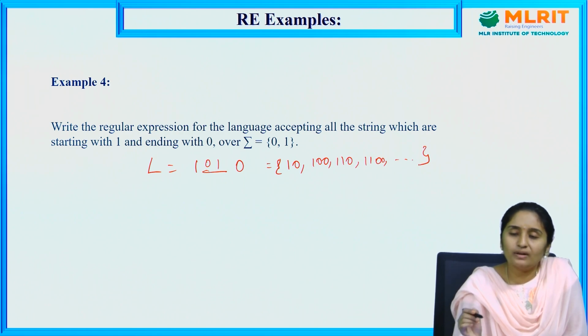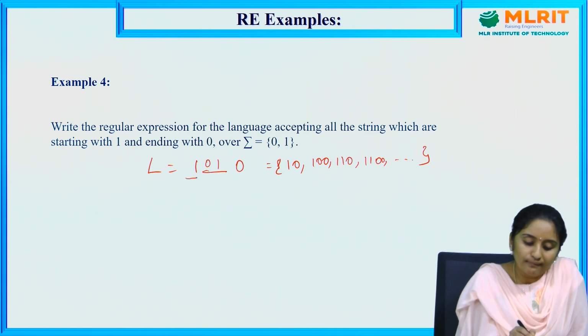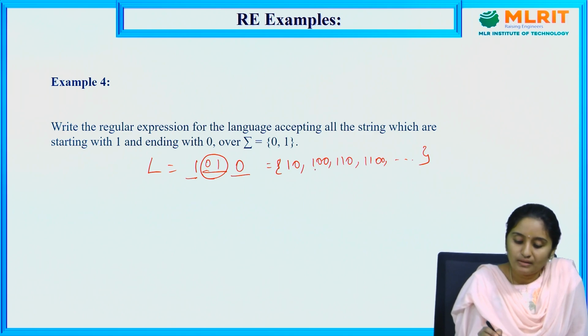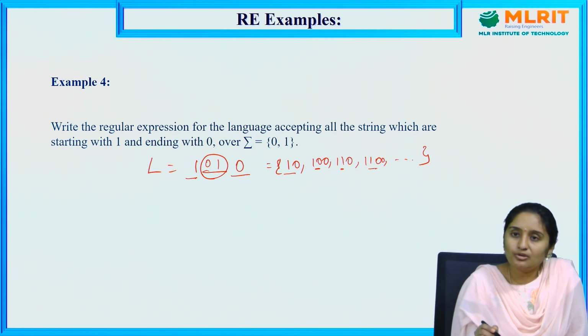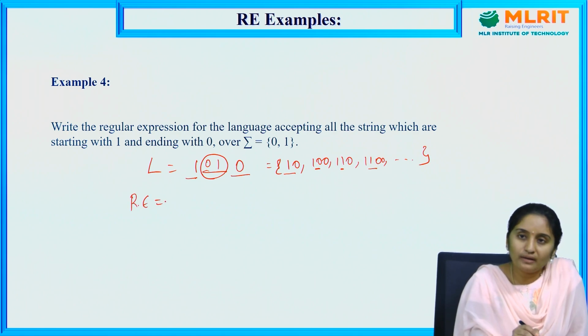So this is a different type of language. The 1 is fixed and 0 is fixed, but in the middle it can be any combination of zeros and ones. So how can we write the regular expression? We can write it as 1 (0 plus 1) whole star 0.